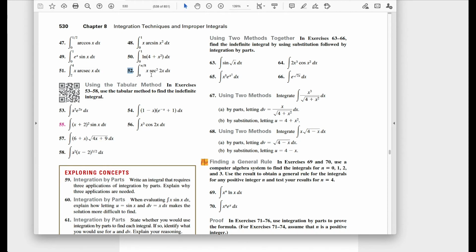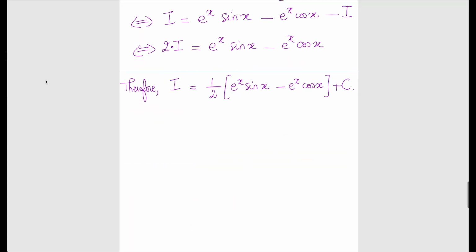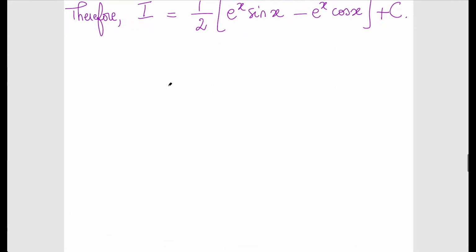So now we're gonna combine integration by parts with the fundamental theorem of calculus to actually evaluate definite integrals using integration by parts. So we're gonna have to integrate between 0 and pi over 8 x sec squared of 2x dx. Okay, so that's on page 530. And that's number 52.